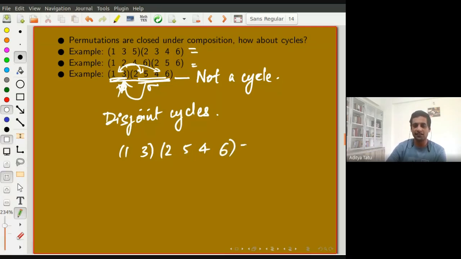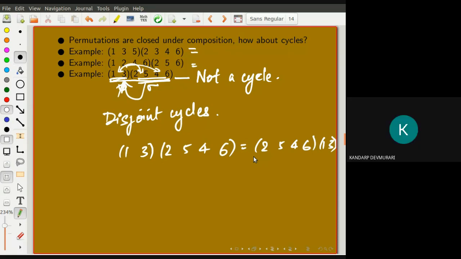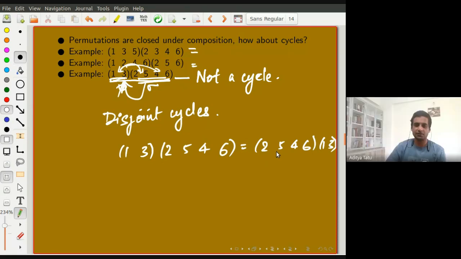The only other question is, would the order matter? Is this equality true? Yes, sir. The order doesn't matter as long as your cycles are disjoint.